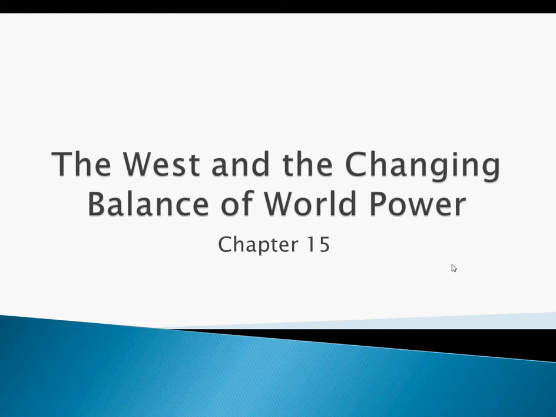We've looked at the Muslims and how they controlled the Middle East and Northern Africa and influenced Central Africa. But there's going to be a change, and that is that these powers are going to decline and Western Europe is going to rise in prominence. We're going to look at the reasons for that and how this changes the geopolitical map.